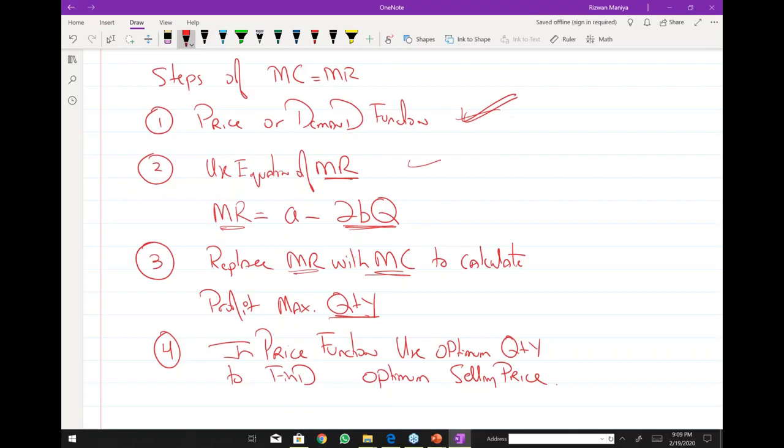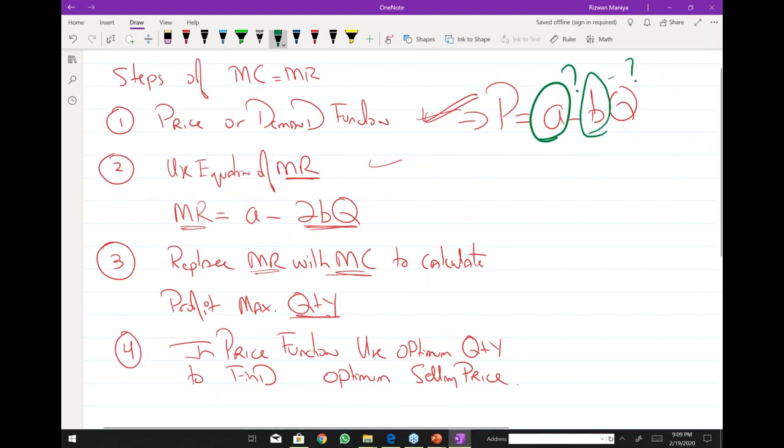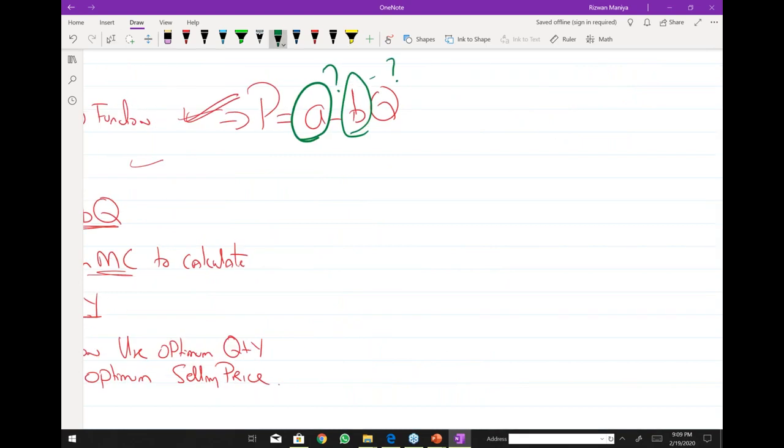So I need to derive the equation, which is P is equal to A minus BQ. So for this, friends, I need to find out the value of A, and I need to find out the value of B here as well. So let's find A and B first. Now for A, the formula is clear as I gave you the formula for A. Current quantity.